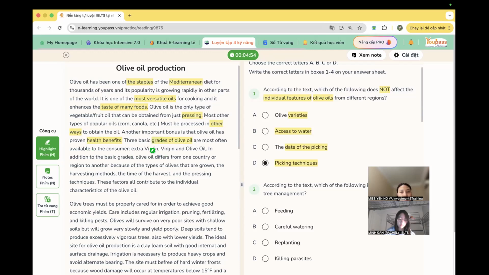So for the rates of olive oil, we can have extra virgin, virgin and olive oil. This is olive varieties. You got this one here, and you need to find out which one is not. They got a basic rate and with different types of olive harvesting method, the time of harvest, and the pressing technique. So which one does not include here?